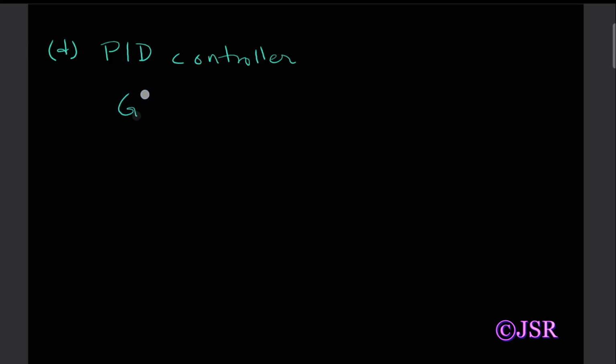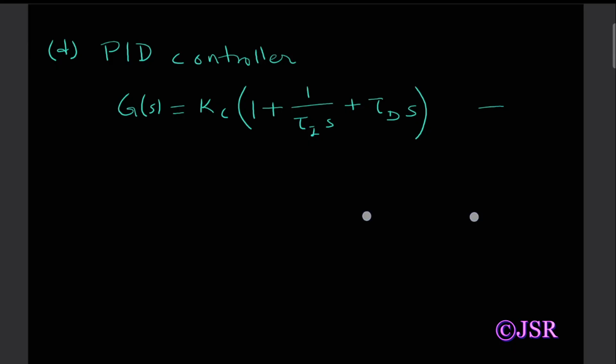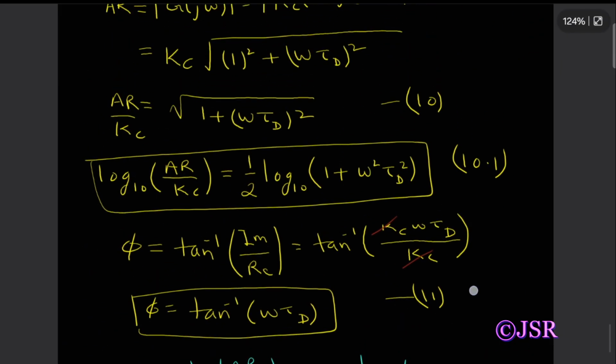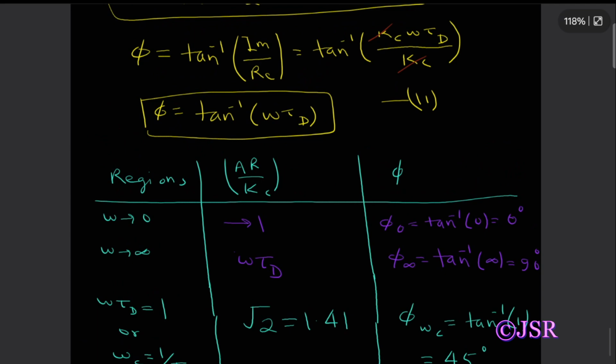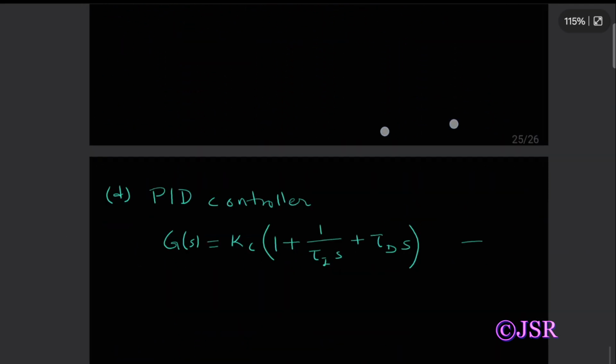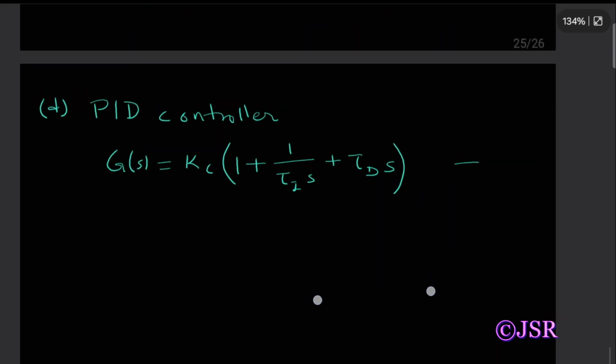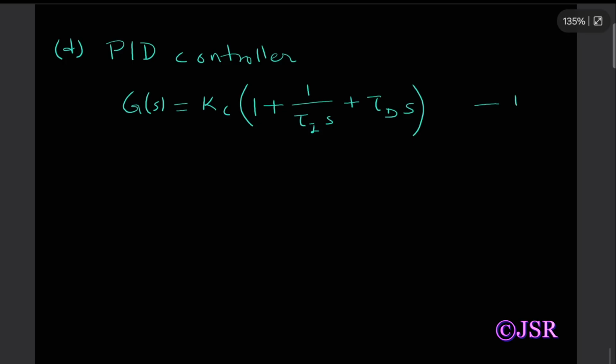So the transfer function for PID controller, G of s, can be written as Kc times 1 plus 1 upon tau I s plus tau d s, and this is equation number 12.